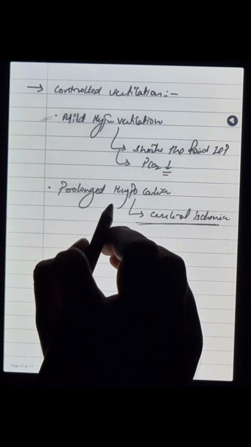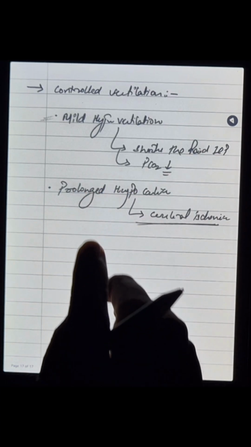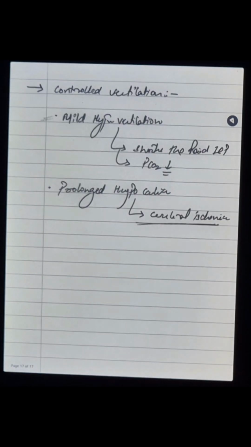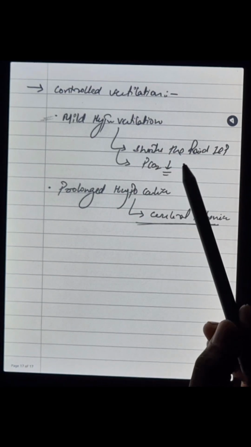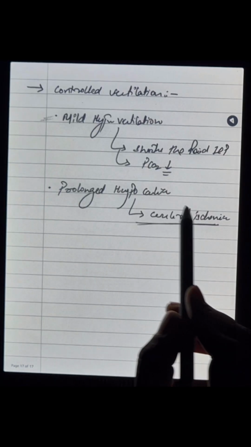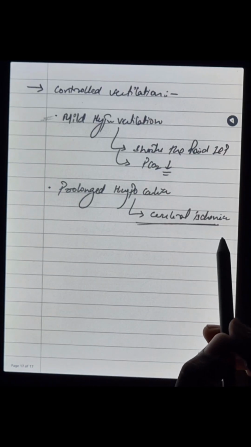So in controlled ventilation, we only have to mildly hyperventilate the patient, to get the PCO2 level a little bit low, and hypocarbia can shorten the raised ICP. Okay. And if the hypocarbia state is prolonged, then eventually it will lead to cerebral edema.